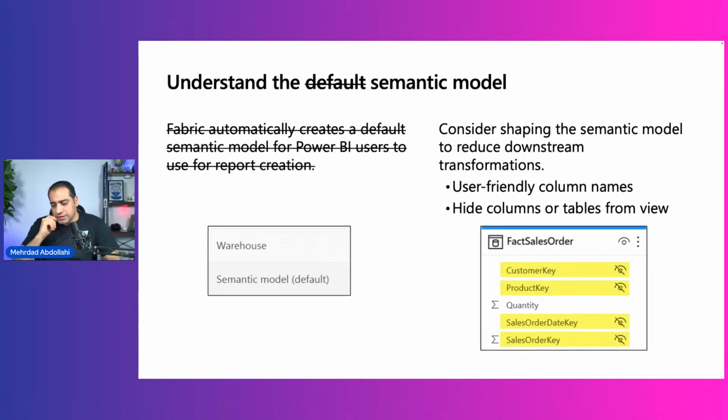However, from my experience, some of the questions in the exam still reference the default semantic model. So if you see that, you can just answer the right question for that time and add feedback for that question. If it is talking about the default semantic model, then you can just write the correct answer.